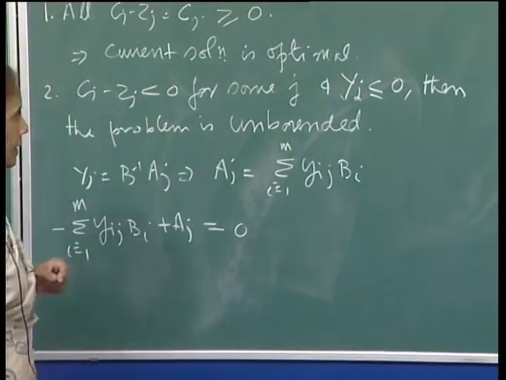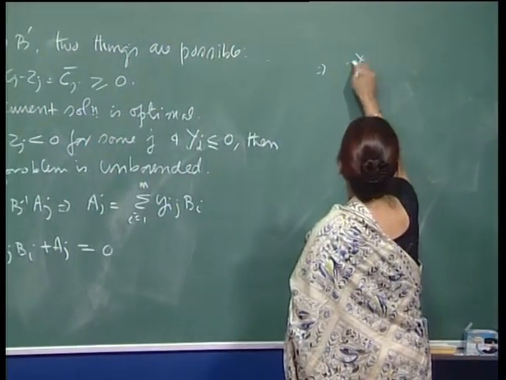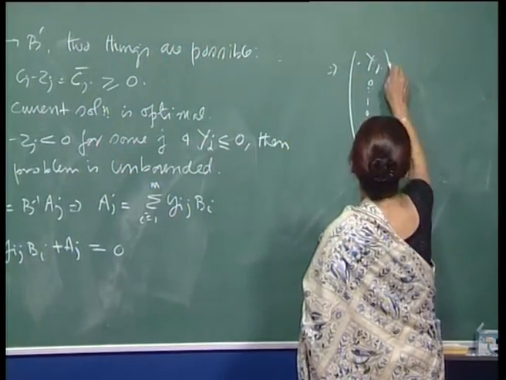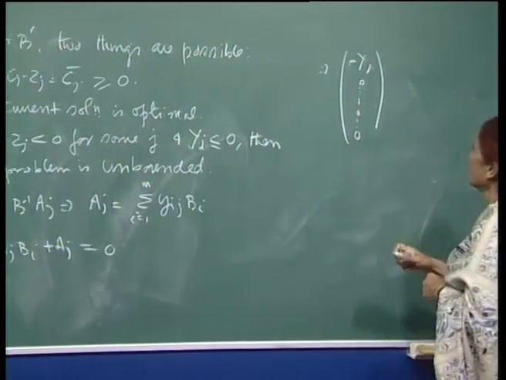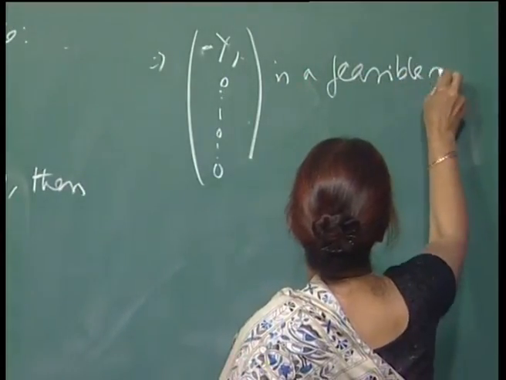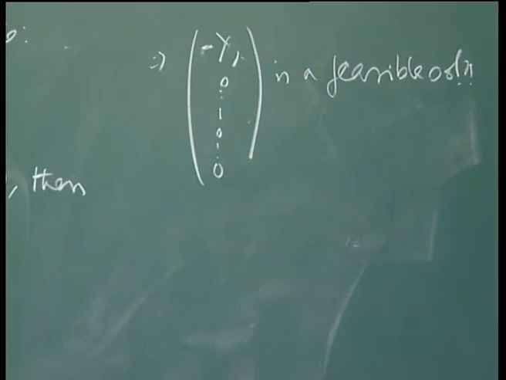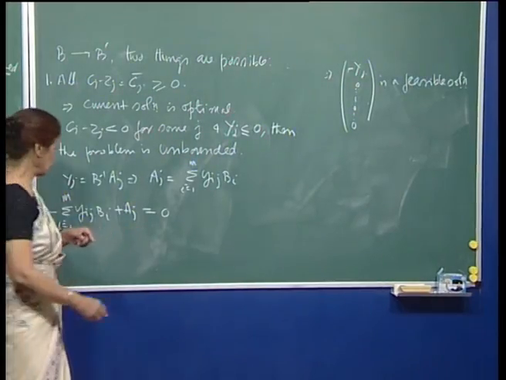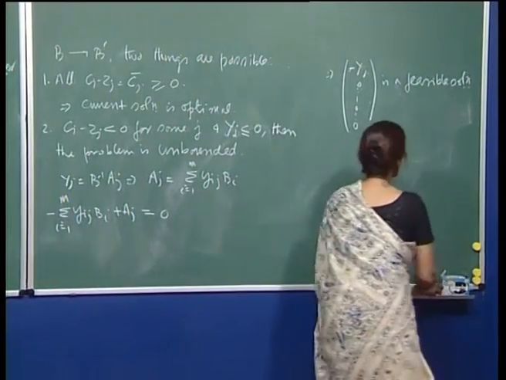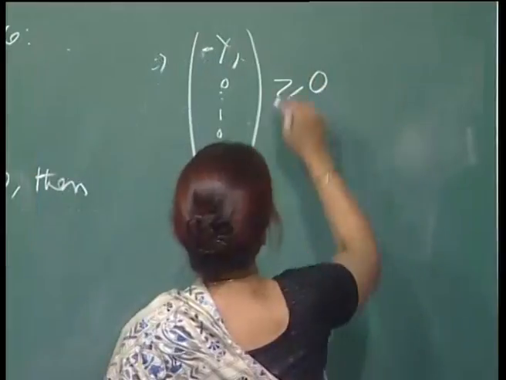Therefore, you have here minus Yj, then 0 0 1 0 0. No, it is not a feasible, I am sorry, this is not a feasible solution. So, this implies that this is non-negative.